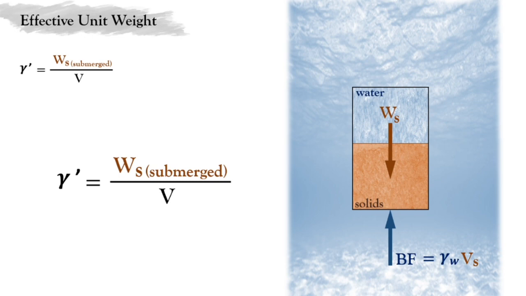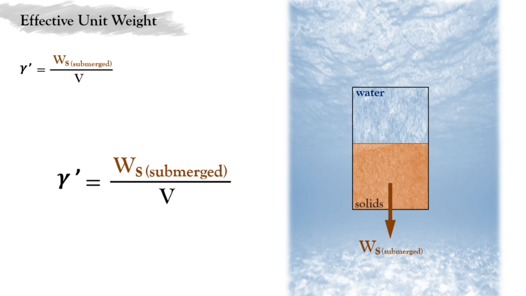Kaso nga lang, dahil sabi nga natin kanina, dahil mas malaki yung density ng solids compare sa water, ang tendency nito ay bumaba lang ng bumaba yung mga soil solids natin. So, ibig sabihin, kapag sinama up natin tong mga forces na to, mag-govern pa rin yung downward force. So, ito yung tinatawag natin na submerged weight of the soil solids. So, kumbaga, pag mineasure mo yung weight ng solids natin underwater, ito yung makukuha nating value.